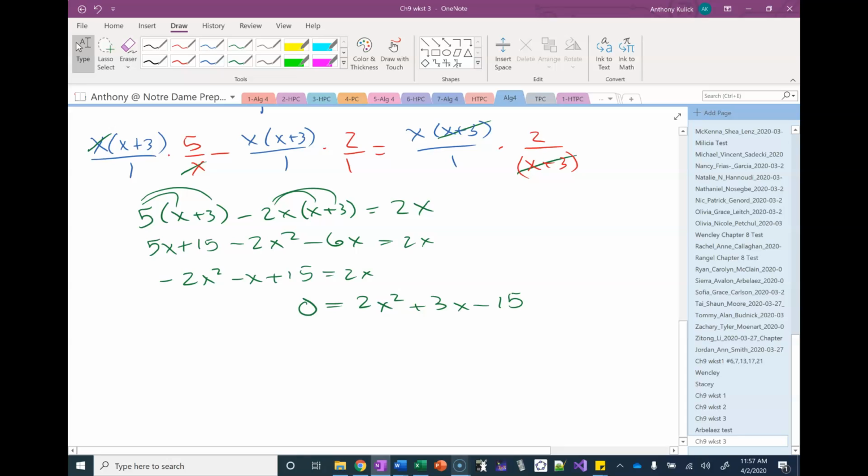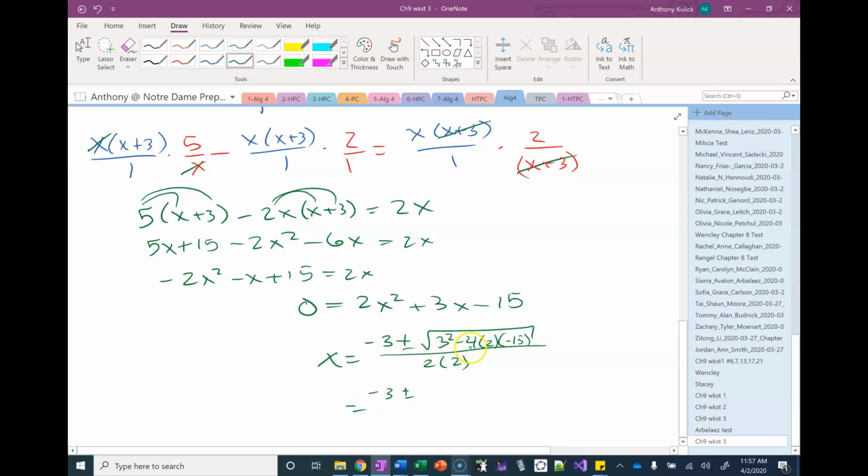To solve this, I can either try factoring or I can use the quadratic formula. Since the leading coefficient is not 1, I know the factoring involved will be kind of lengthy. So rather than dealing with that, I'm just going to apply the quadratic formula. I think this one will factor, just looking at it briefly, and you're more than welcome to do it that way. It's not a big deal, but I'm just going to use the quadratic formula here.